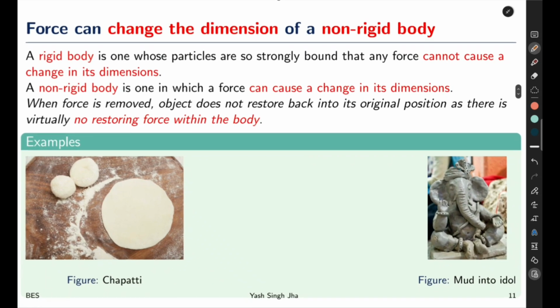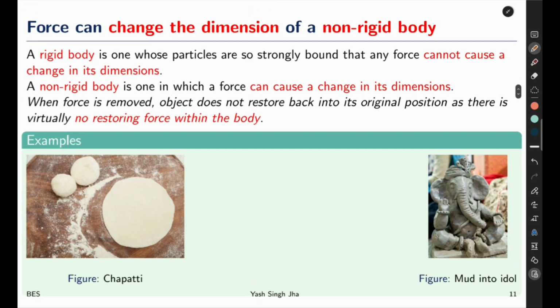First, the force can change the dimension of a non-rigid body. What do you mean by a rigid and a non-rigid body? A rigid body is one whose particles are so strongly bound that no force can cause a change in its shape or dimensions.